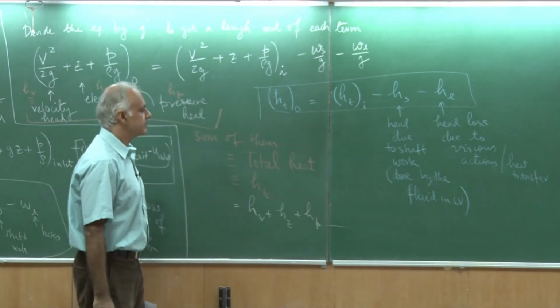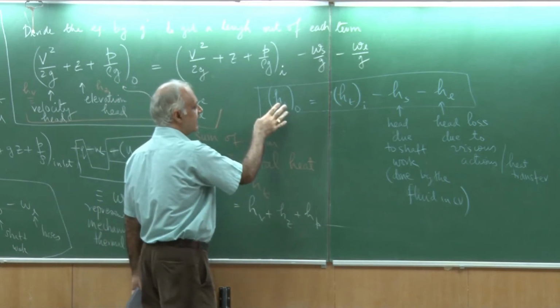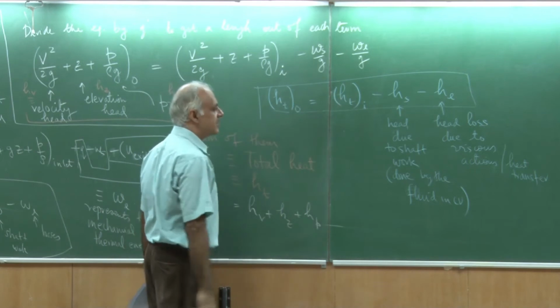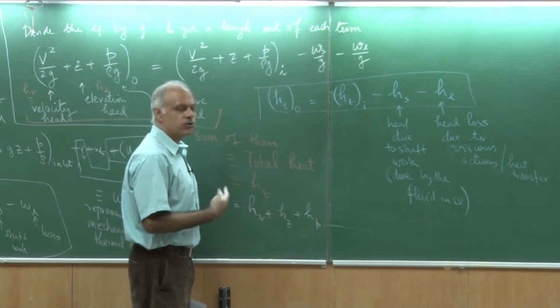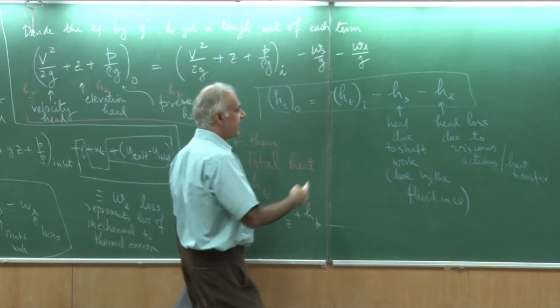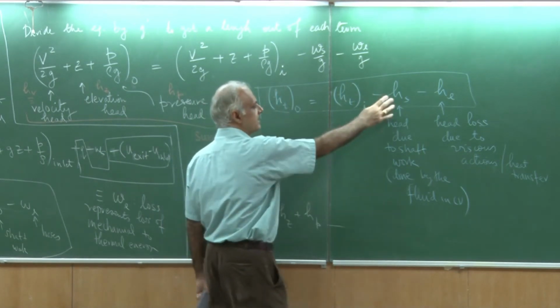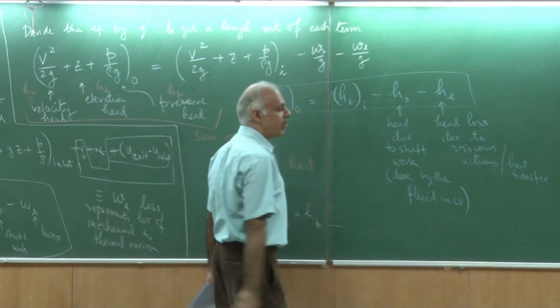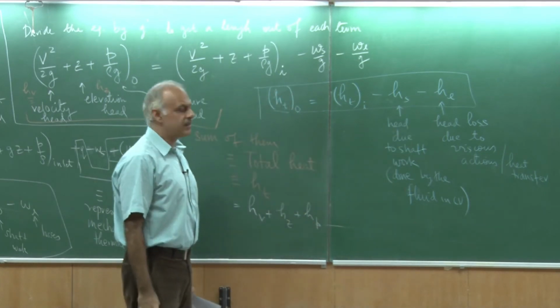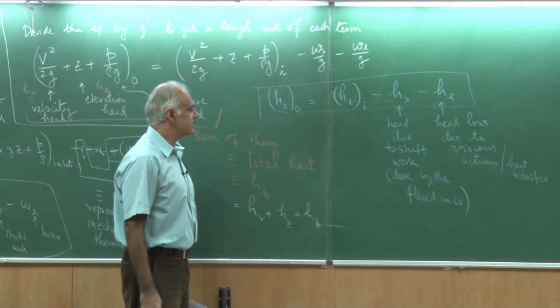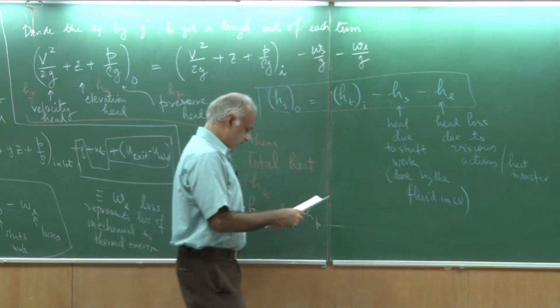So, what it says is that at the exit, if my head is different from what it was at the inlet, there could only be two reasons. A, either some head has been used to do certain work, so that is this term, or some of it is lost to overcome some viscous actions or maybe some heat transfer and so on. All right.